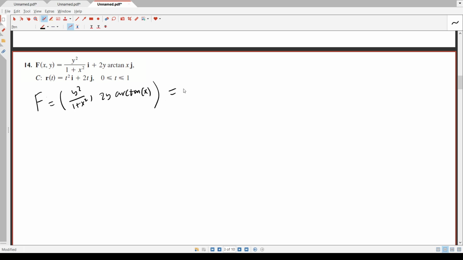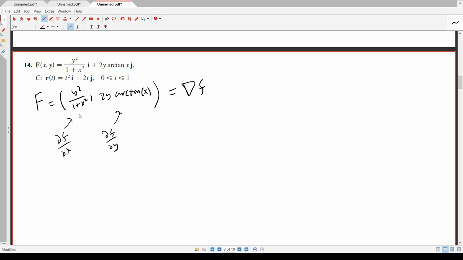And I'm going to assume for a little bit that this is the gradient of some function. Okay, so now I do the y derivative of the x component. All right, so this is df dx, this is df dy.